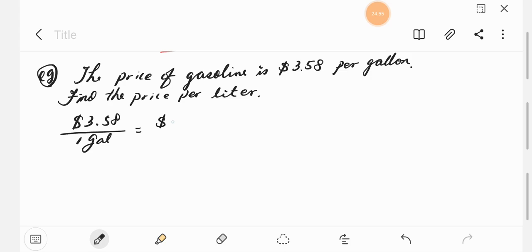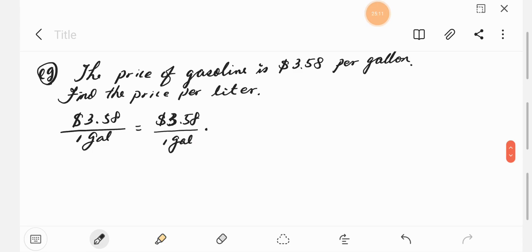So that is 358 over 1 gallon, right? In this case, we want to convert gallon into liter. What's the relationship between these two units? 1 gallon is approximately equal to 3.79 liters, right?